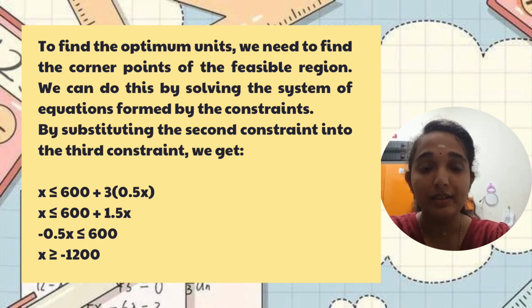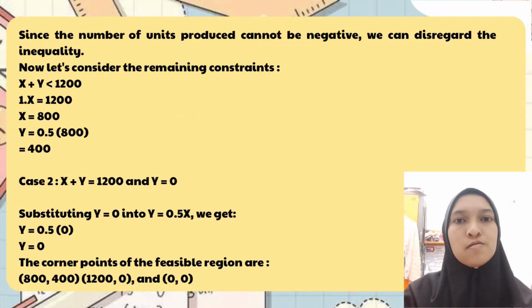Then we get negative 0.5x less than 600, so x greater than negative 1200. Alternatively, substituting y equal to 0 into y equal to 0.5x, we get y equal to 0.5 times 0, so y equal to 0.